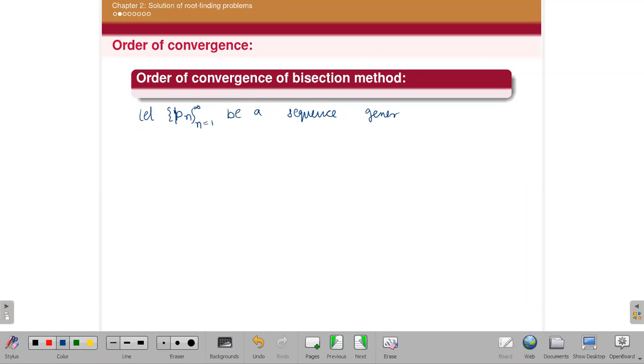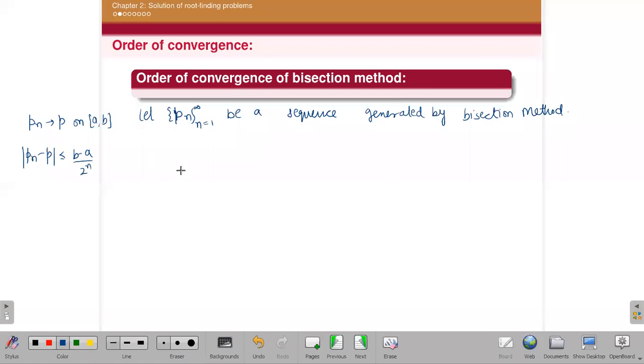Generated by the bisection method. And we know that if it is a sequence generated by the bisection method, then we have done the error bound also. If Pn is approaching P on the interval [a, b], then the maximum error is (b minus a) by 2 raised to power n.